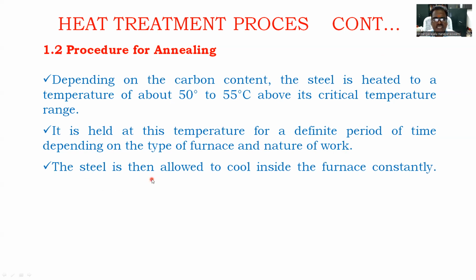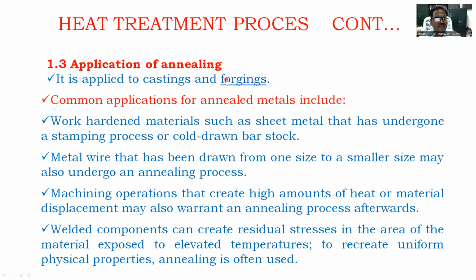The steel is then allowed to cool inside the furnace constantly. So, application of annealing: it is applied to casting and forging components. Common applications for annealed metals include work hardened materials such as sheet metal that has undergone a stamping process or cold drawn bar stock.